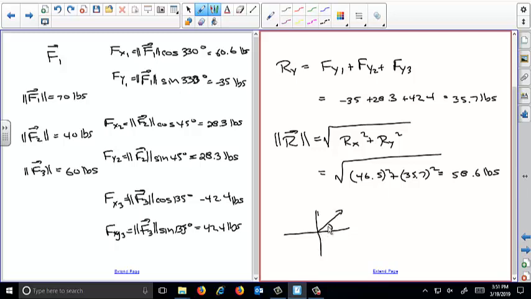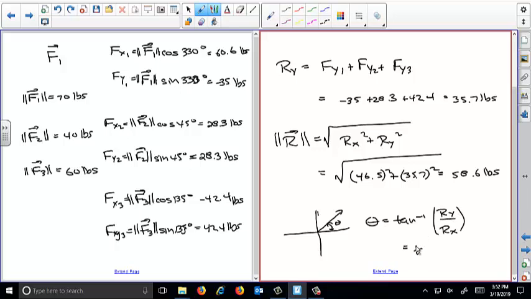And the angle we're looking for here is theta. So we're in the first quadrant, so all we have to do to find theta is just take the inverse tangent of the ratio of these two. So in the first quadrant it's straightforward. If it's in the other quadrants, you've got to think a little bit more about what's going on. So what you do is you take the ratio of r sub y divided by r sub x.